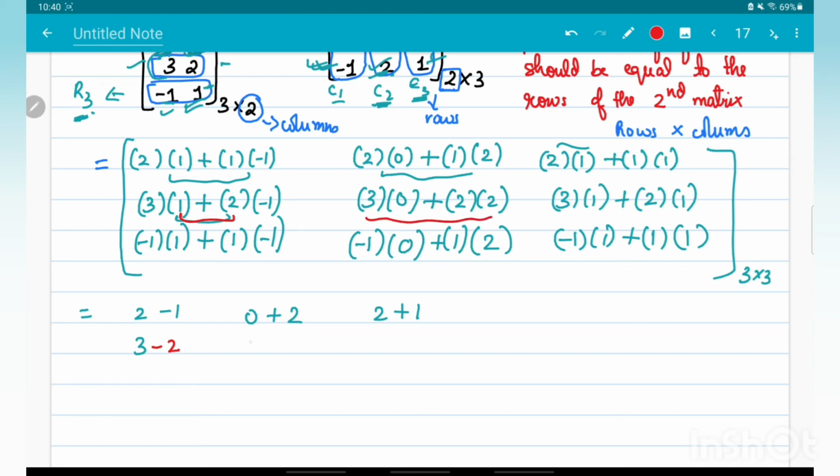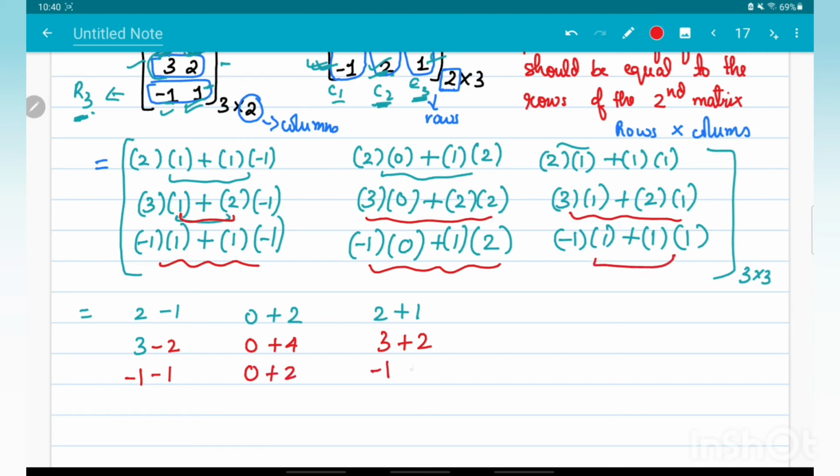Then this one, 3 into 0 is 0, plus 2 twos are 4. Then this one, 3 ones are 3 plus 2 ones are 2. This one, minus 1 minus 1, 0 plus 2, minus 1 plus 1. Okay, now this is my resultant matrix.